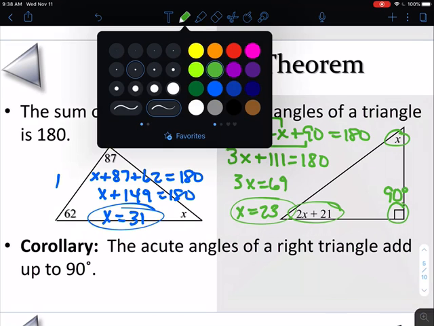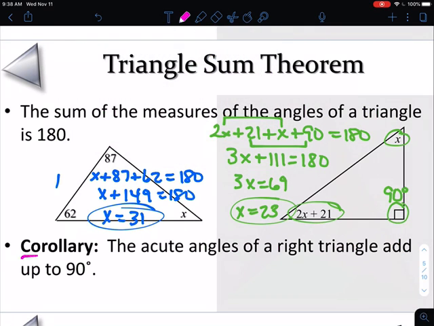Now this corollary at the bottom is saying that in a right triangle, because we always have a right angle, so we always have one angle that's 90 degrees, the 2 acute angles, so this 2x plus 21 and this x, the 2 smaller angles, always have to add up to 90 degrees.